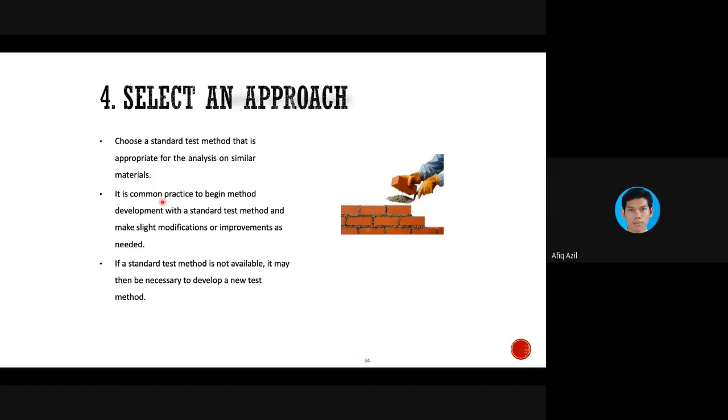Or another way is you meet halfway of the standard method. You follow the standard method, but then you want to make some modification to it. Let's say the standard method asks you to use ethanol, for example. You follow everything else, but you just want to change the solvent to methanol.